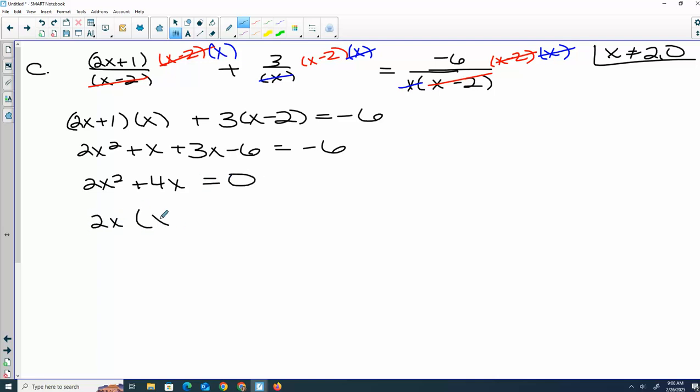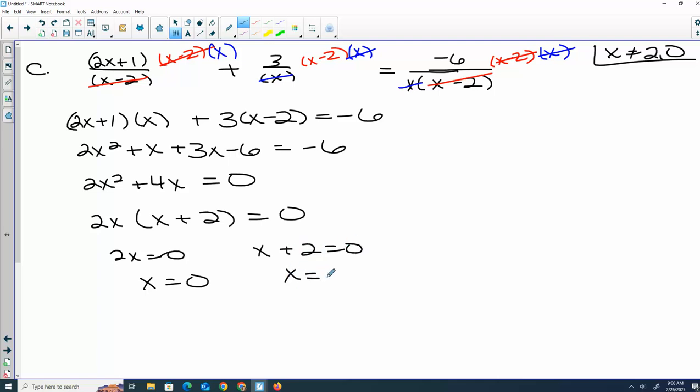So we can factor out a 2x. If we set those equal to 0, 2x equals 0 gives me x equals 0. x plus 2 equals 0, we get negative 2. Are both of those answers okay? No, we said at the beginning x can't be 0 or 2, so the 0 is out, and negative 2 is the only solution that works.